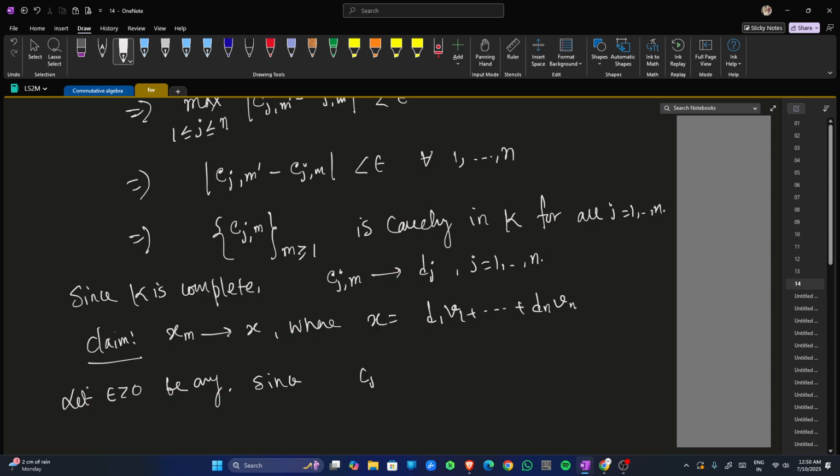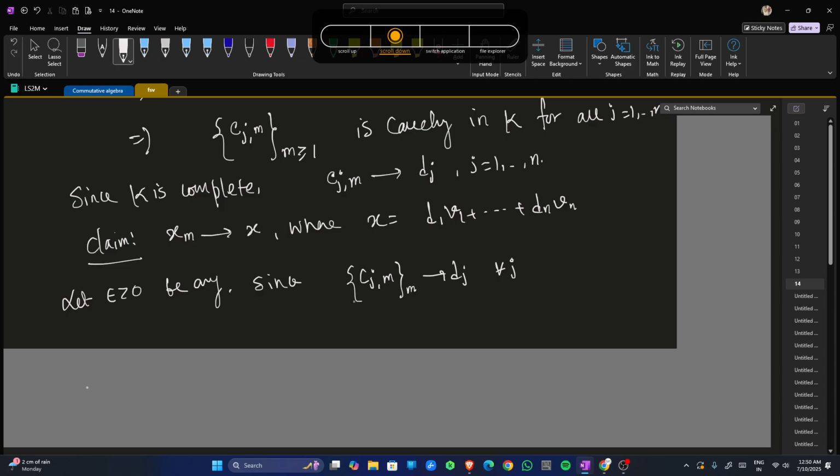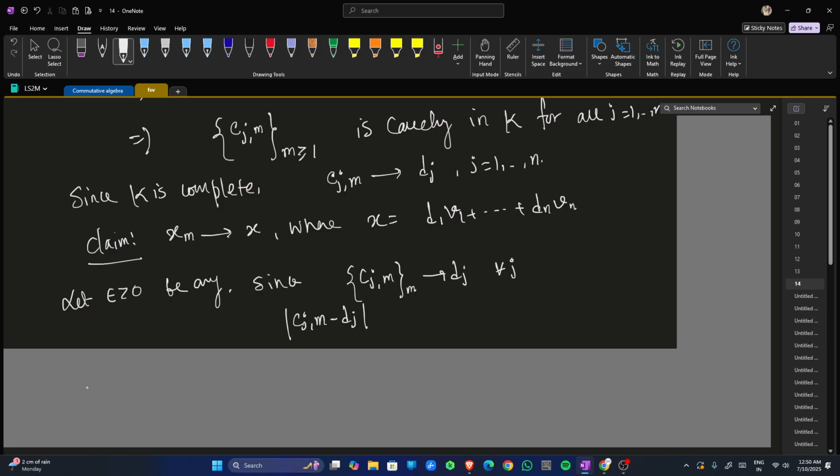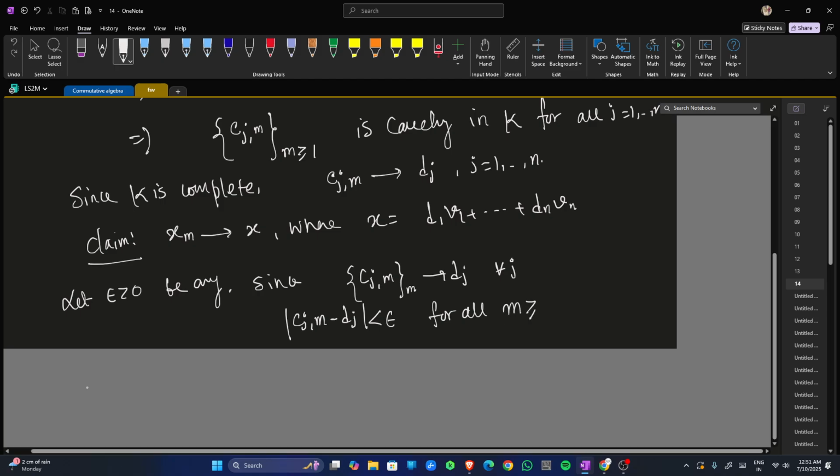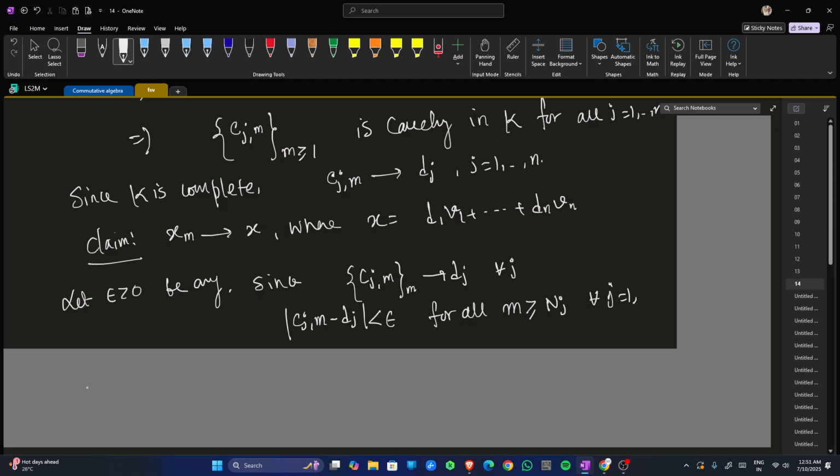Since cjm converges to dj for all j, cjm minus dj is less than epsilon for all m greater or equal to nj, and for all j equal to 1 to n.